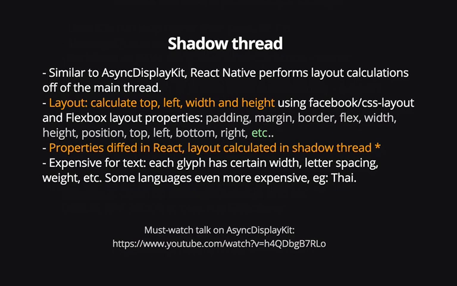There are some big advantages to this, though, because essentially you get to push off some pretty expensive operations that you might do normally on the main thread to a separate thread. And at the moment they're working on an animation API that will use a similar approach to really improve animations with React Native. And one other point I just wanted to make here quickly was how expensive it can be for text as well.